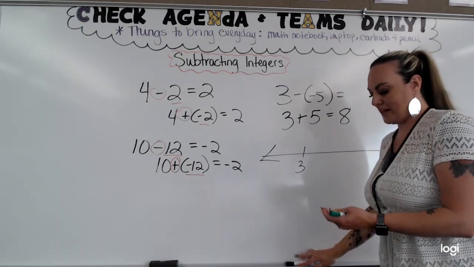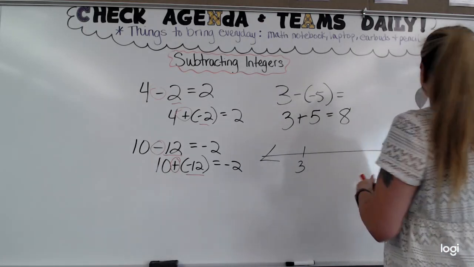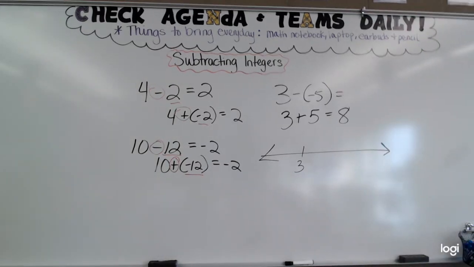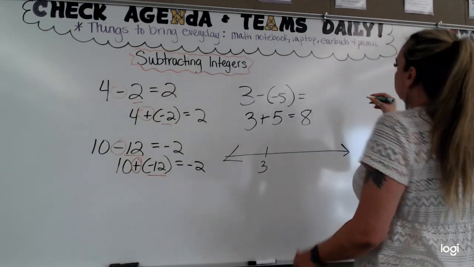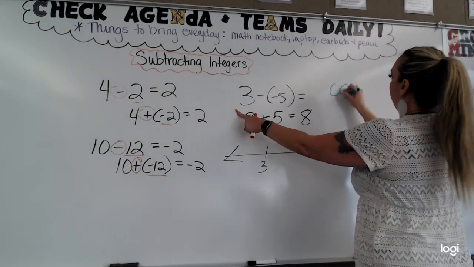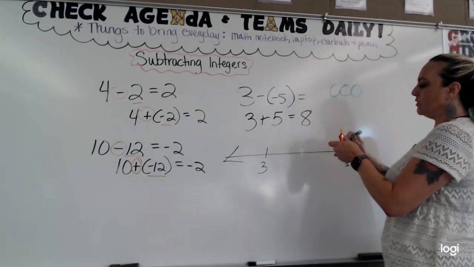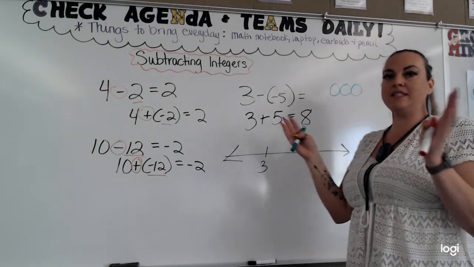Let's look at that with counters because that's a bit confusing. How do I take away 5 negatives? I'm going to move this over a little bit. I have 3 positives. How do I take away 5 negatives? I don't have any negatives. But I can make 0 pairs.